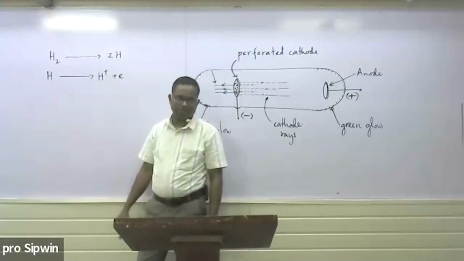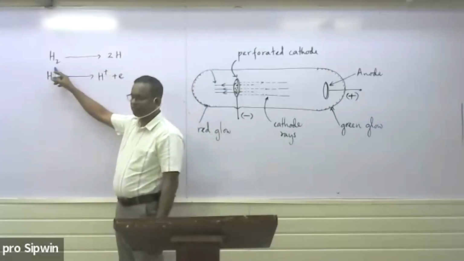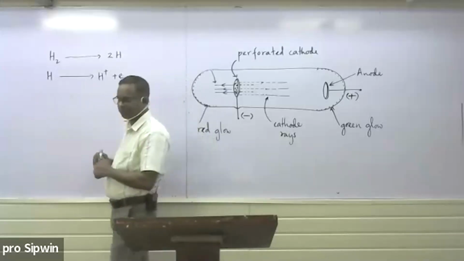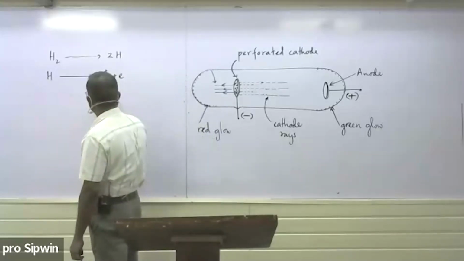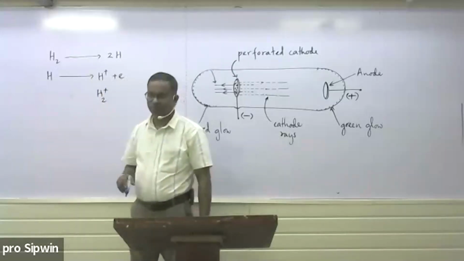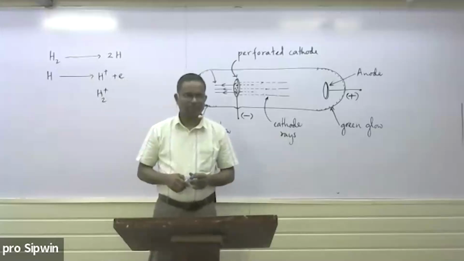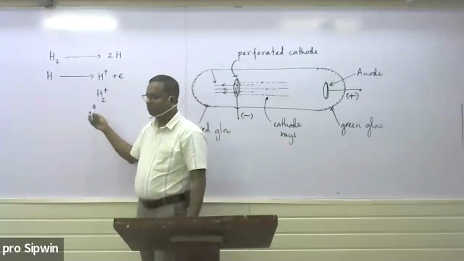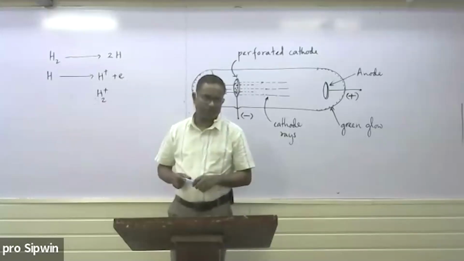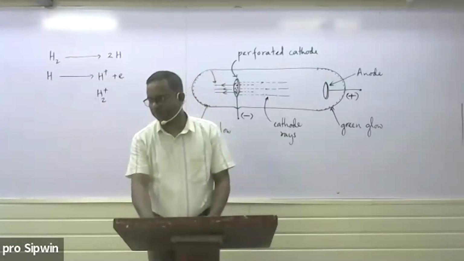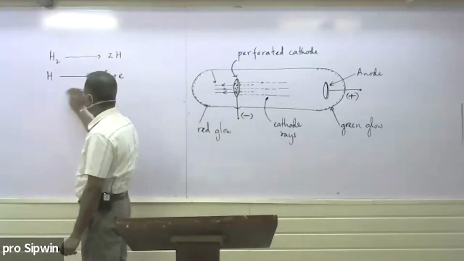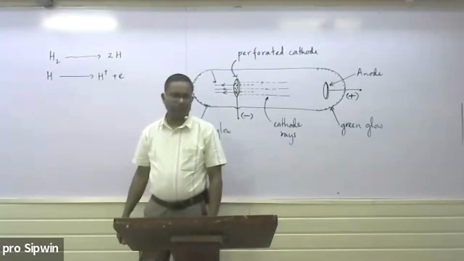Sometimes a molecule can directly release an electron, giving H2 plus, a molecular ion. That is also possible, but usually it is like this. So ions are produced. Now what happened?